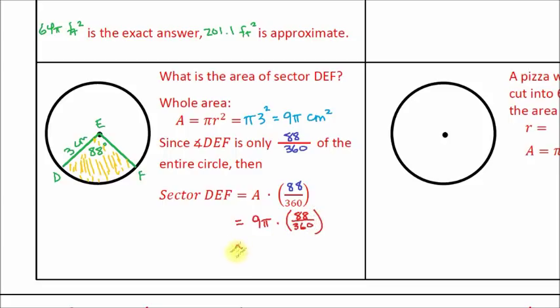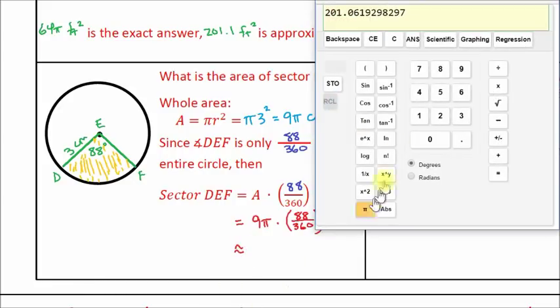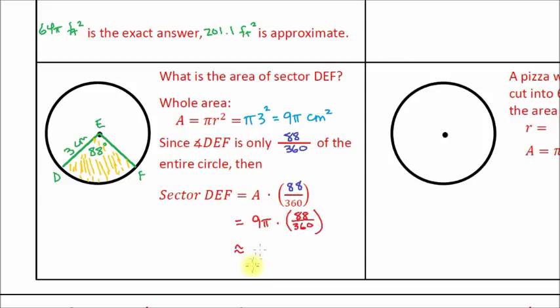We'll put that in our calculator: 9 pi times 88 divided by 360. There's the portion of the circle that we want, and we press equal, and we get approximately 6.91, so we can say approximately 6.9, and it's the same unit of measure, centimeters squared.